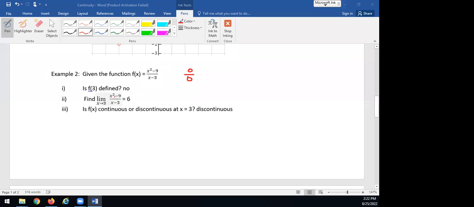What we have in the top here is a difference of two squares. So this is the limit as x approaches 3. Now, what's the square root of 9? What do we square to get 9? 3. So this is the same thing as x minus 3 in one bracket and x plus 3 in the other bracket. And we're dividing by x minus 3.